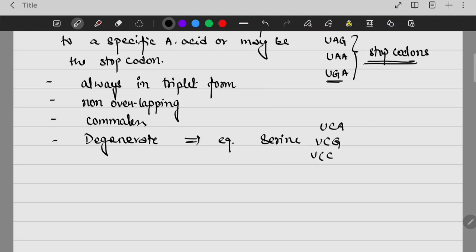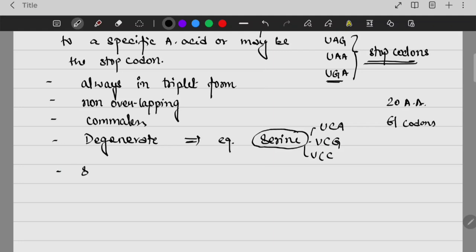Okay, that means there is degeneracy present. That means one amino acid has 3 codons present. We need this degeneracy because there are 20 amino acids and 61 codons present. So there will always be degeneracy here. Okay, codons.